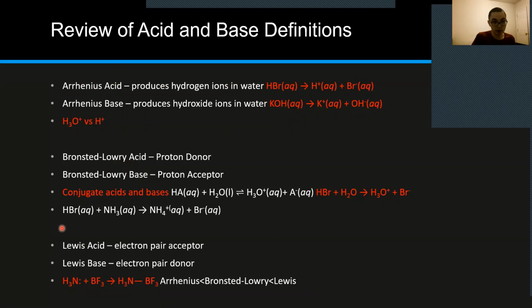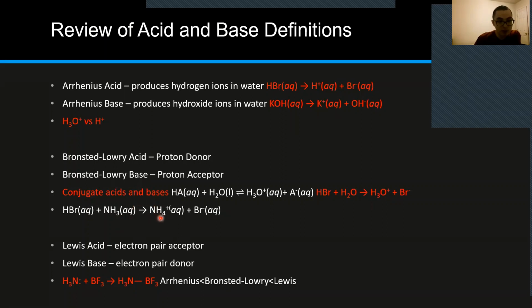So for example, if we look at this right here, we have HBr reacting with ammonia, and we form their ions. So since ammonia is accepting a proton, it is a Bronsted-Lowry base.